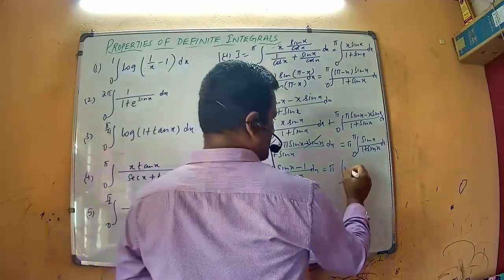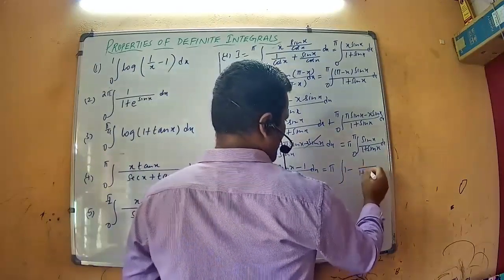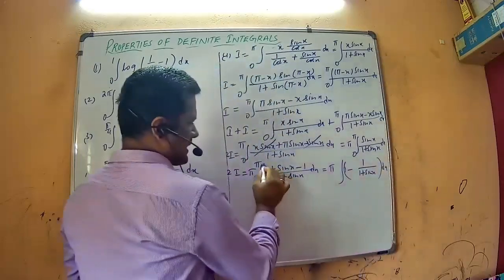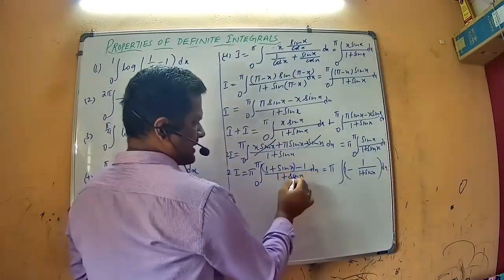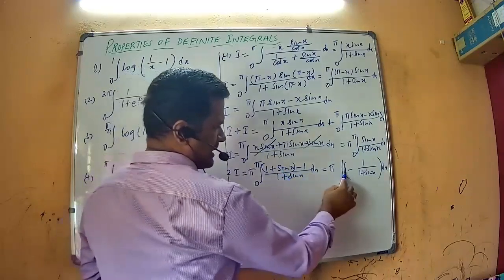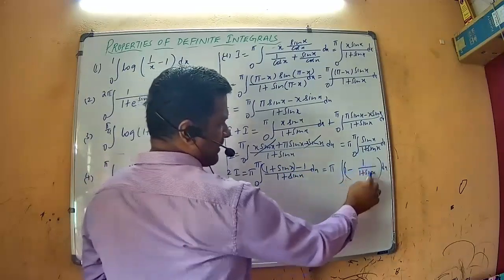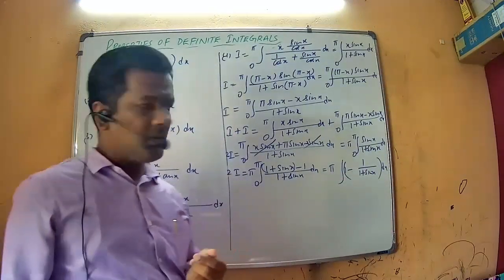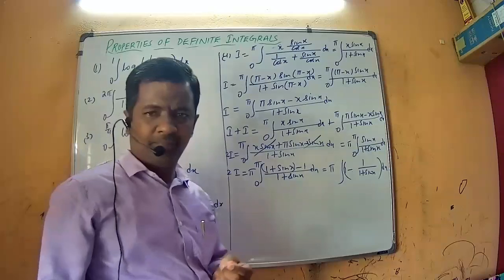So 1 minus 1 by 1 plus sine x whole dx. This is like a minus b by c, a by c minus b by c. This by this will get cancelled. You will be left with 1 minus of 1 by 1 plus sine x dx. Right. Now we are going to split this integral.